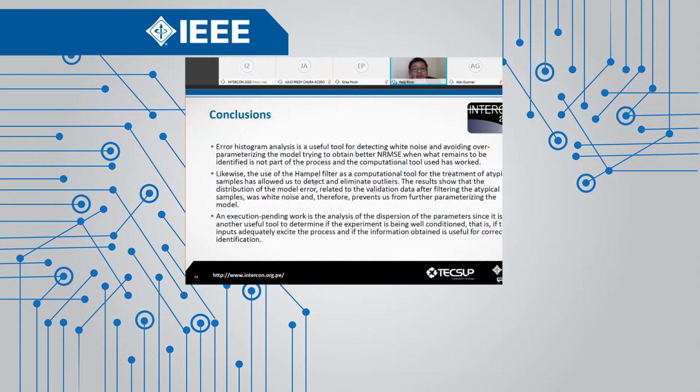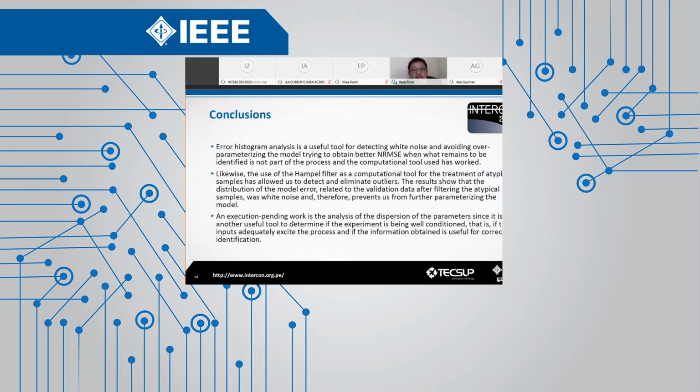Likewise, the use of the Hampel filter as a computational tool for the treatment of atypical samples has allowed us to detect and eliminate outliers, so that the distribution of the model error related to the validation data after filtering was verified, and therefore prevents further parameters in the model.